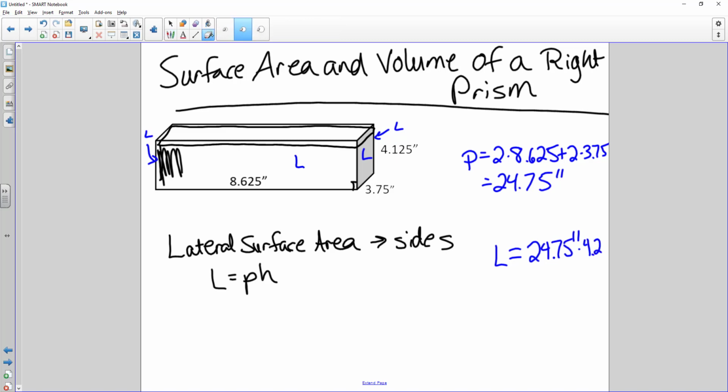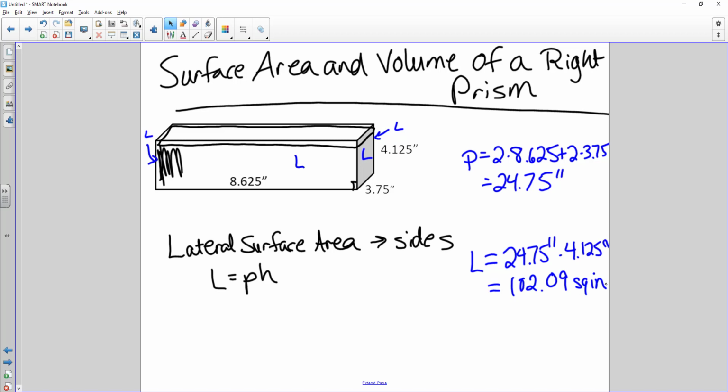Inches. When I multiply those together, I get 102.9, and I'm doing inches times inches, so now I'm at square inches, or inches squared.